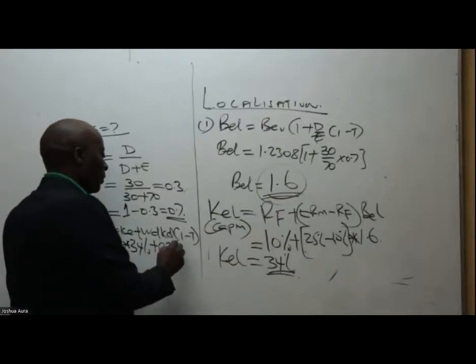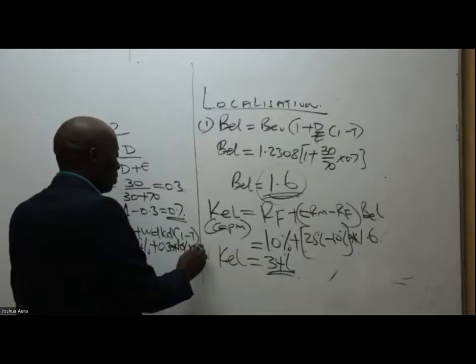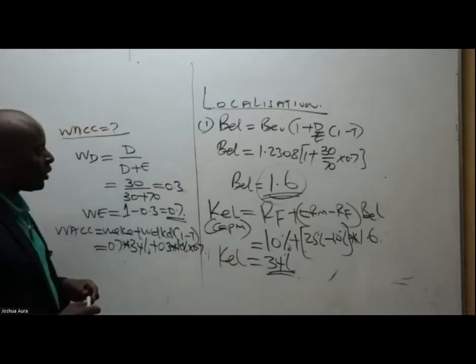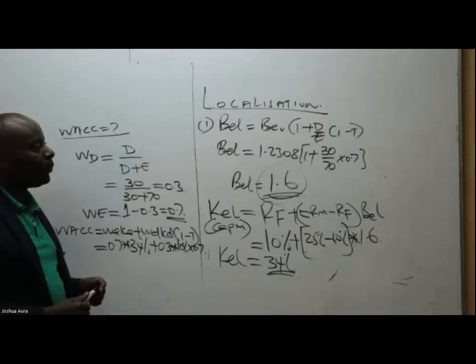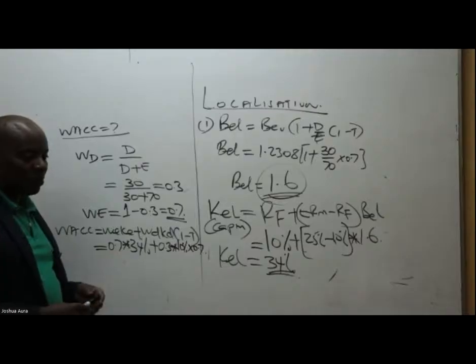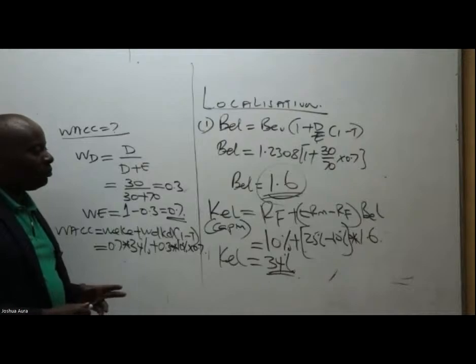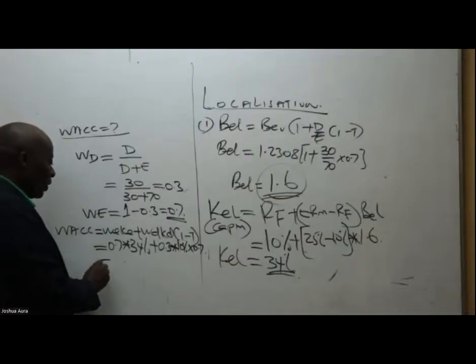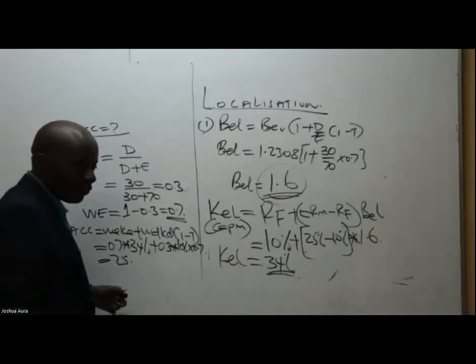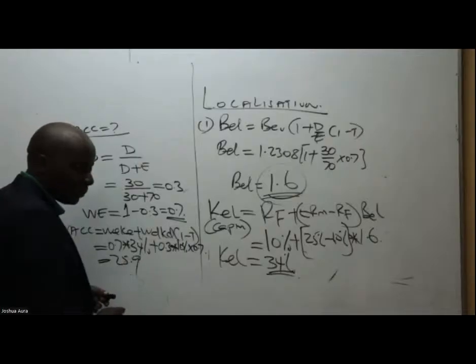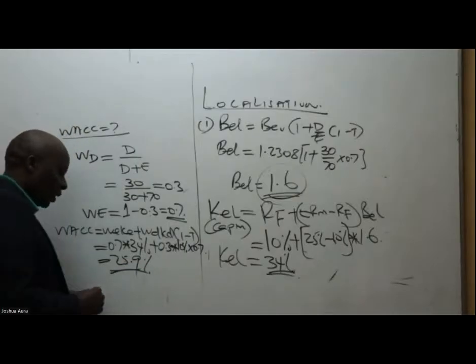We take risk-free, 10%, and multiply by 0.7 because of 1 minus tax. That gives a figure of 25.9% as the WACC.